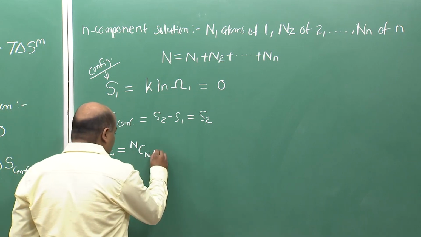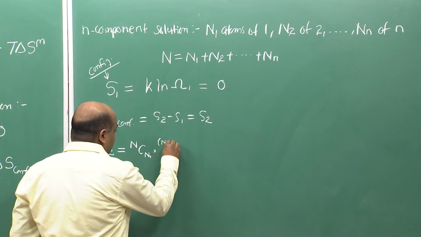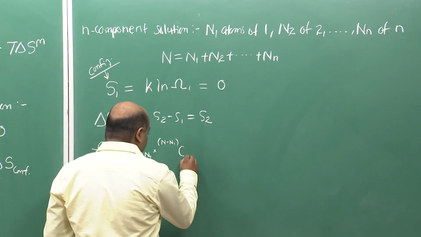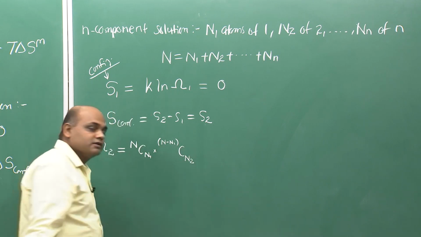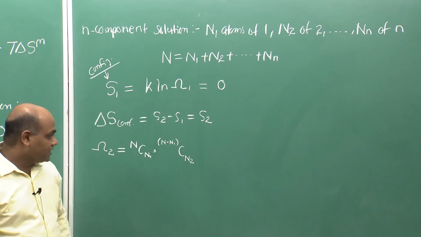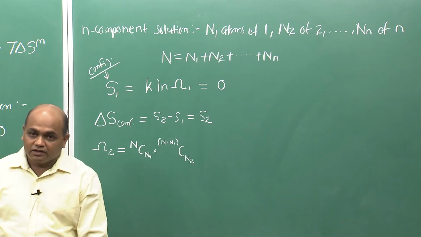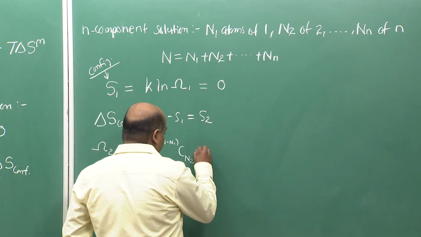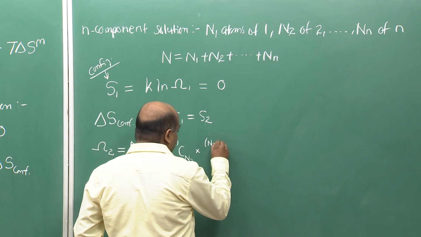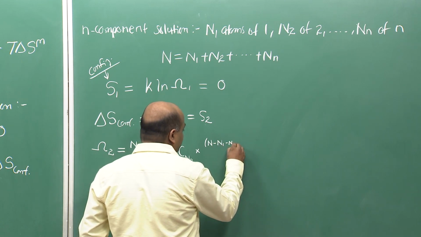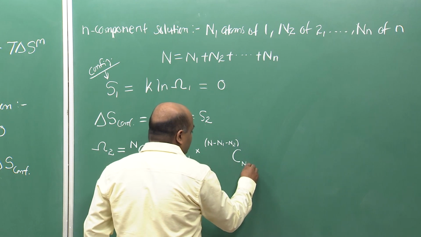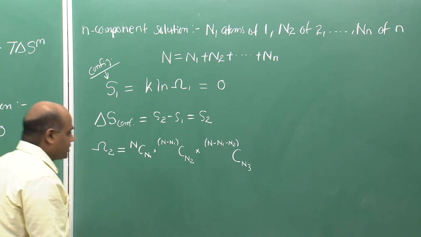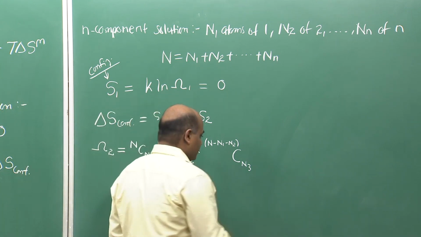Now, once we arrange n1 atoms, there are only n minus n1 sites left. So, we select n2 atoms and arrange them on the available n minus n1 sites. So, there are (n minus n1) C n2 ways in which n2 atoms can be arranged. After we arrange n1 and n2, the number of sites left is n minus n1 minus n2 and n3 atoms can be arranged on these many sites in (n minus n1 minus n2) C n3 ways, right, and so on.